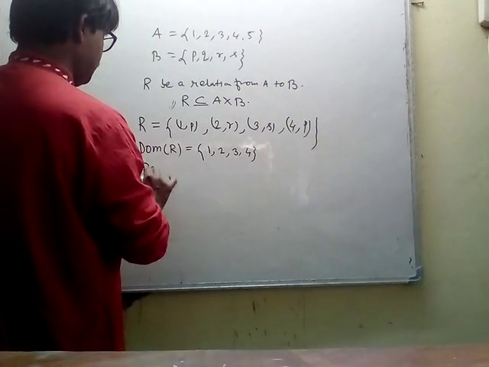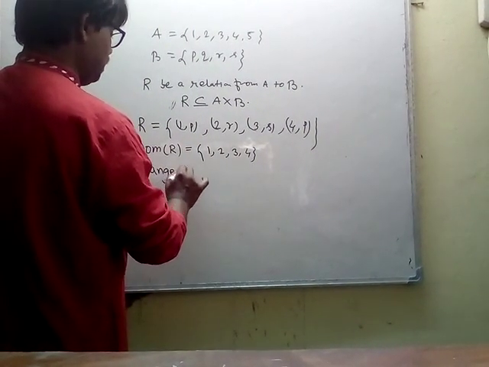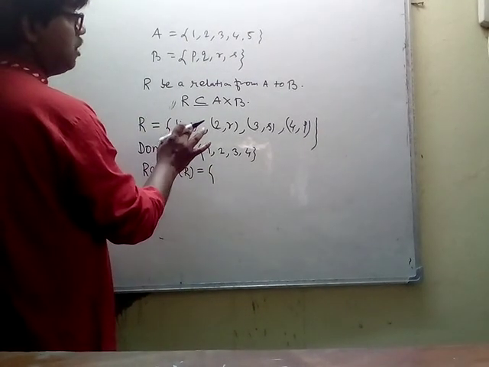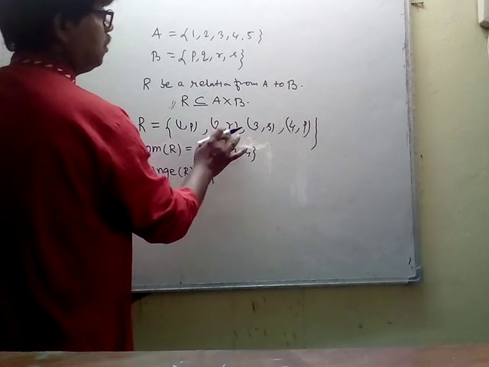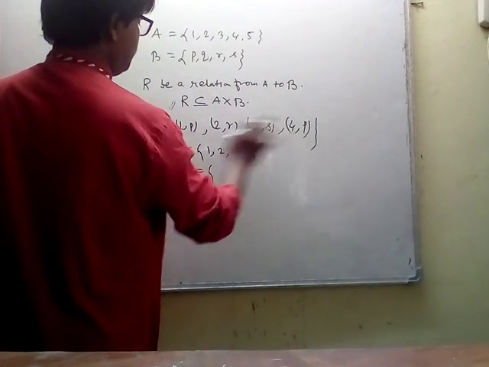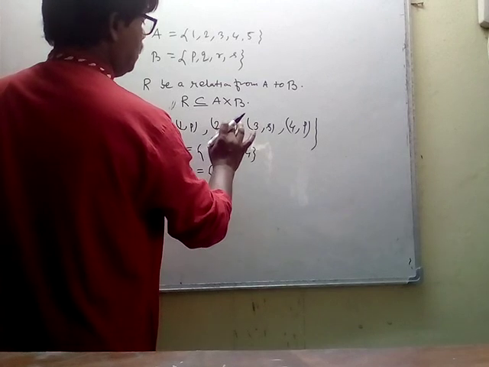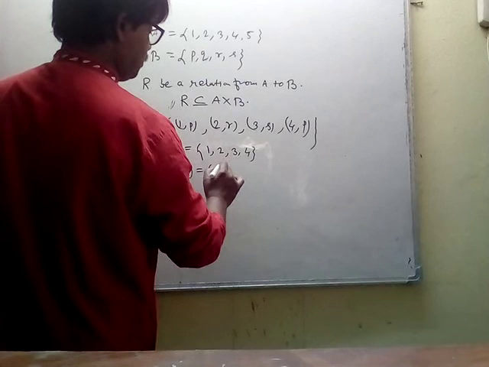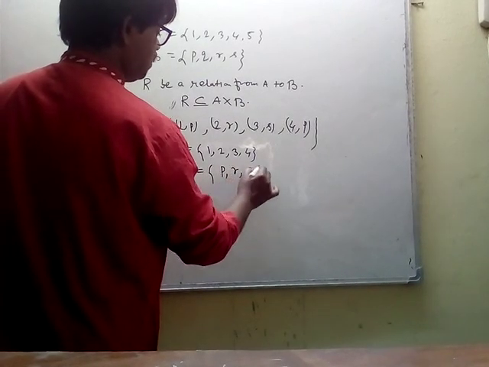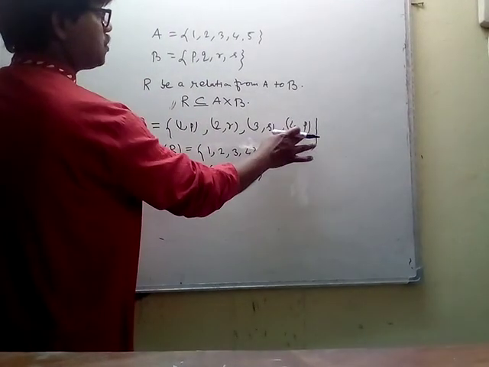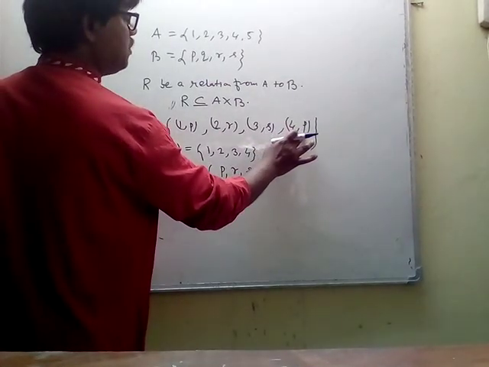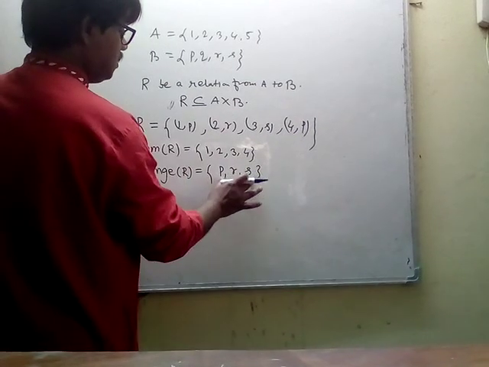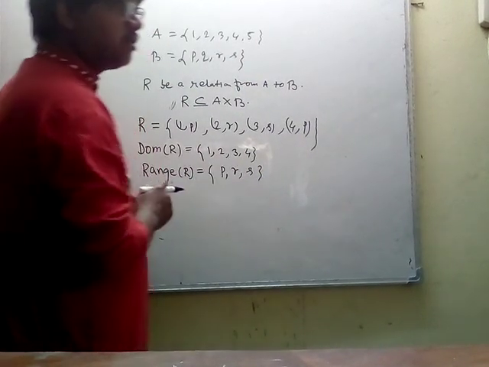And range of the relation means the set of images: P, R, S, P. P repeats twice, so we take distinct elements P, R, S. We take P once, not twice, because in a set every element is distinct, no element repeats.